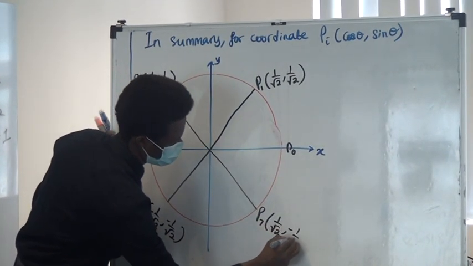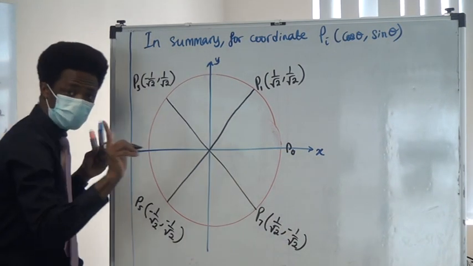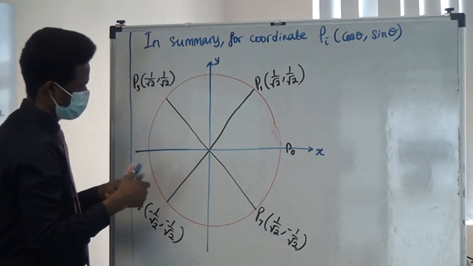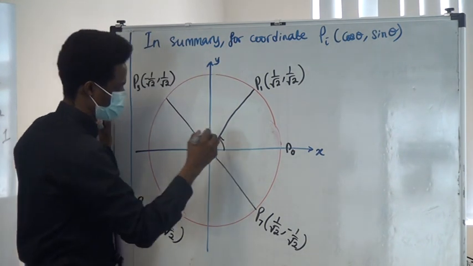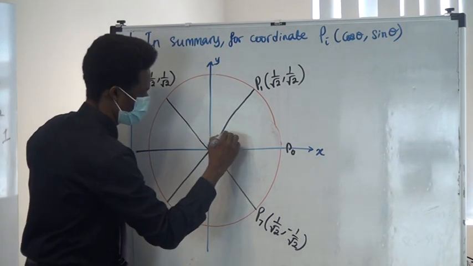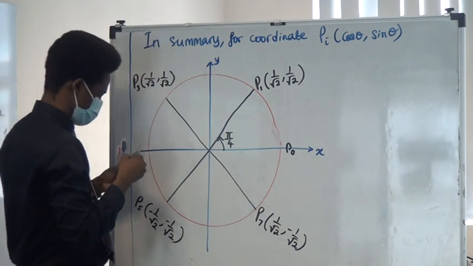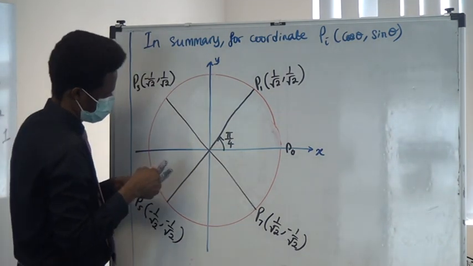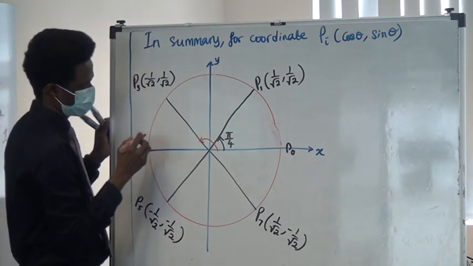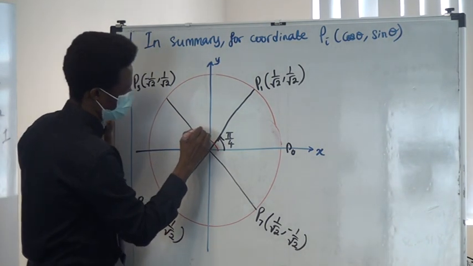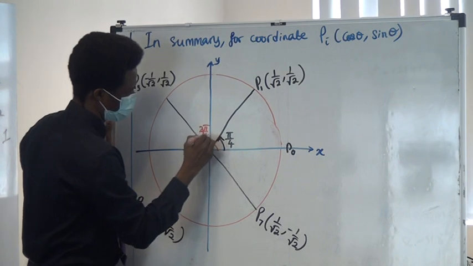Negative 1 over root 2. So what angle is this in terms of radian? Pi over 4. Okay. For this one, what angle is that? 3 pi over 4.